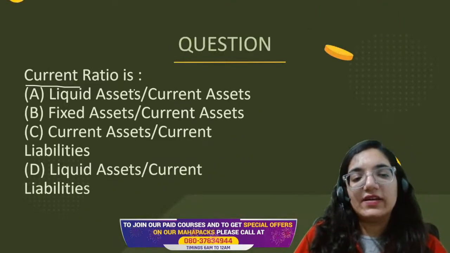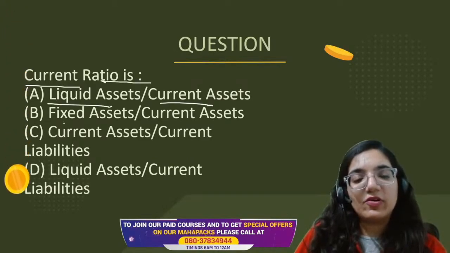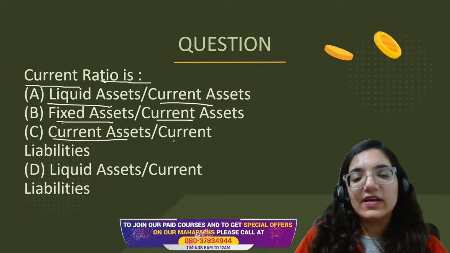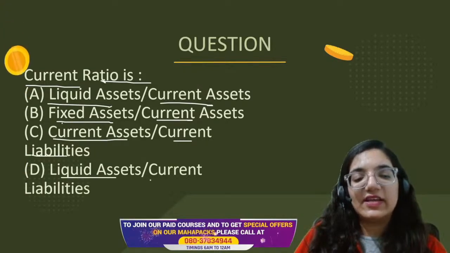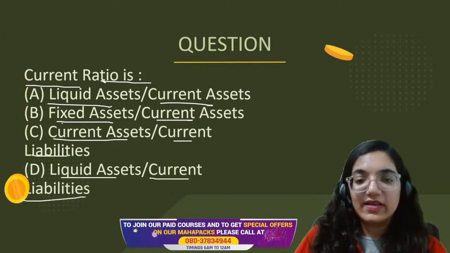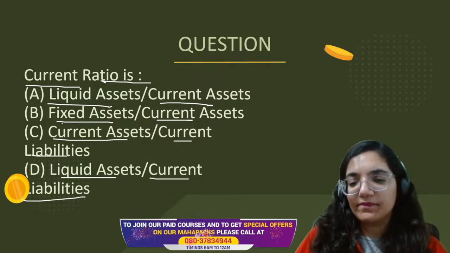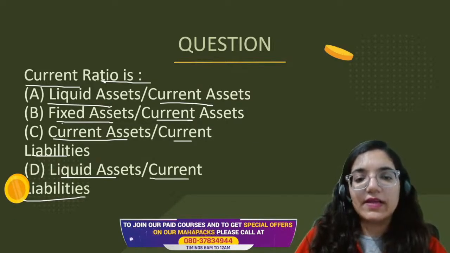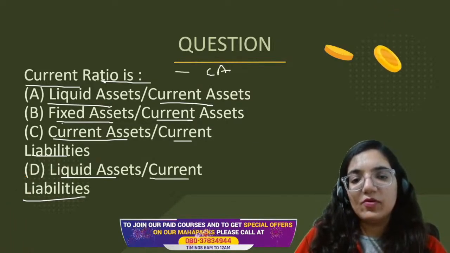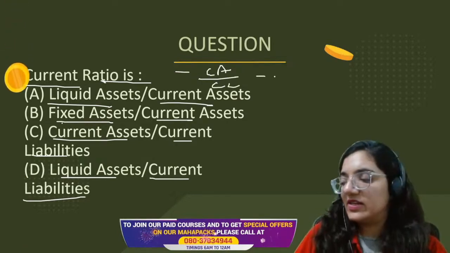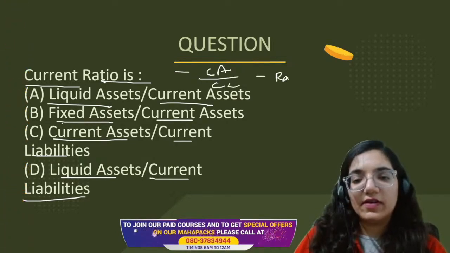Next ratio. Current ratio is liquid assets upon current, fixed assets upon current, current upon current liabilities, and liquid assets upon current liabilities. What would be the correct answer, everyone? Current assets is CA upon CL, which is expressed in the form of ratio.